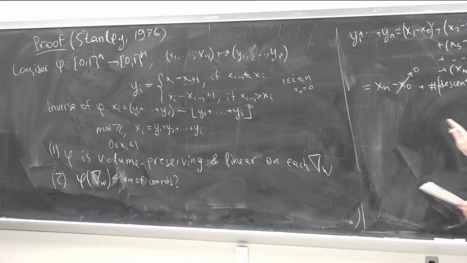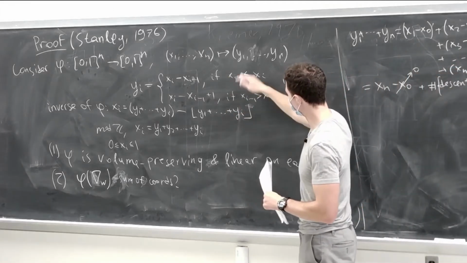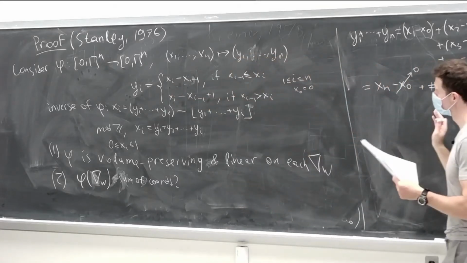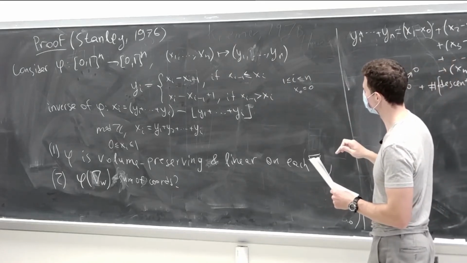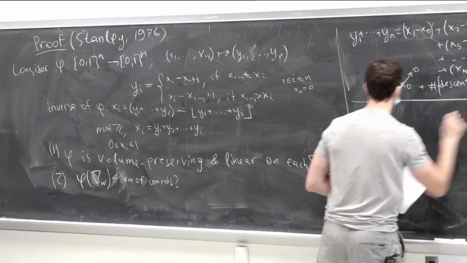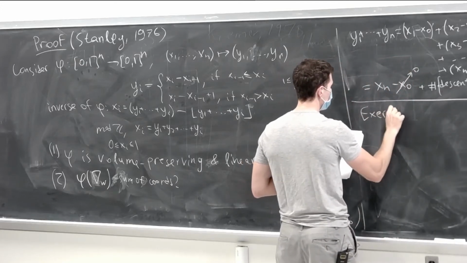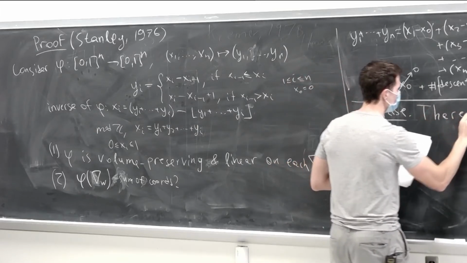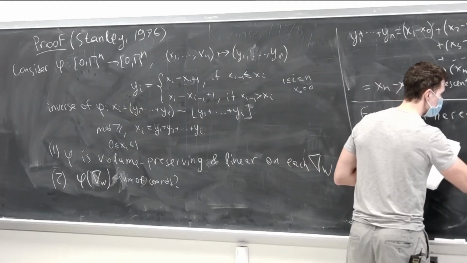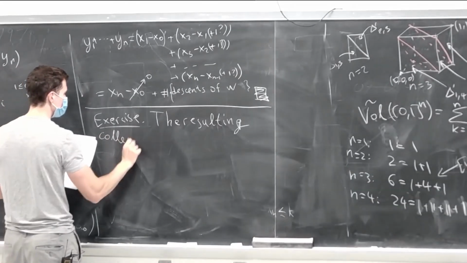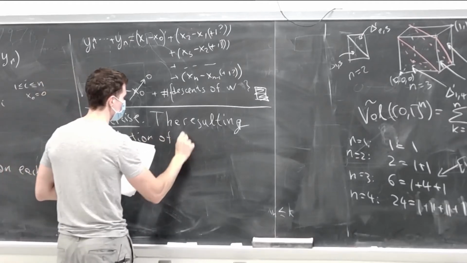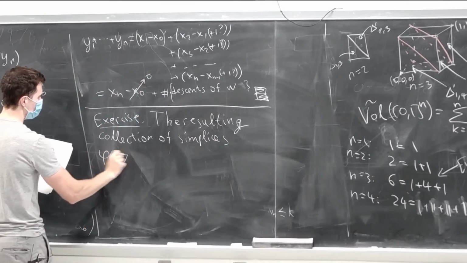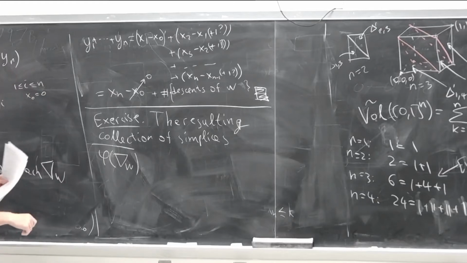By the way, I wasn't very careful about what happens when it's discontinuous. Let me claim, as an exercise, that the resulting collection of simplices, which you get by taking P of nabla W and then taking the closure, is an honest triangulation of the hypersimplex.